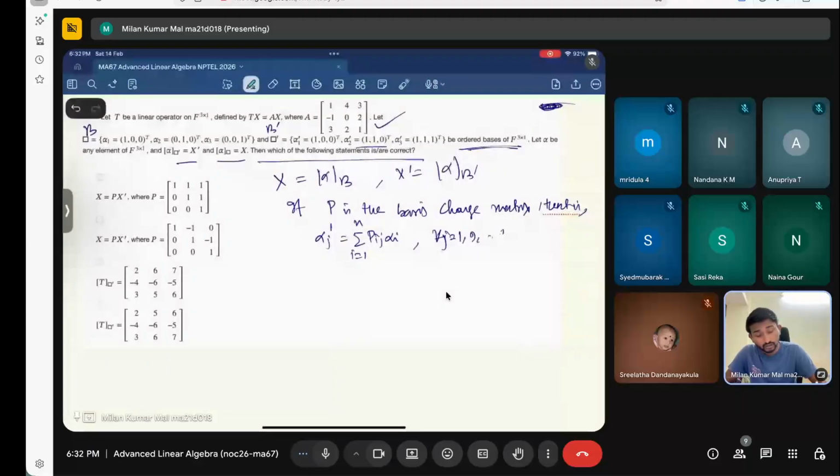That's not a big deal. So this is the matrix representation, right?